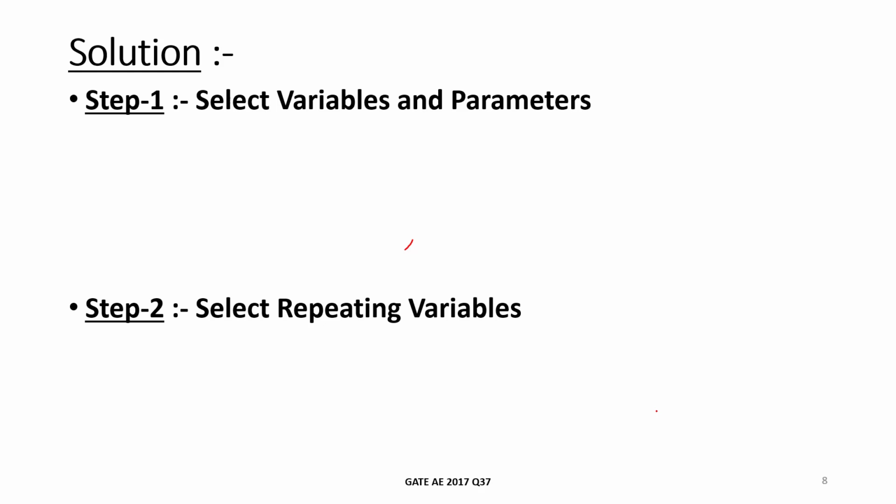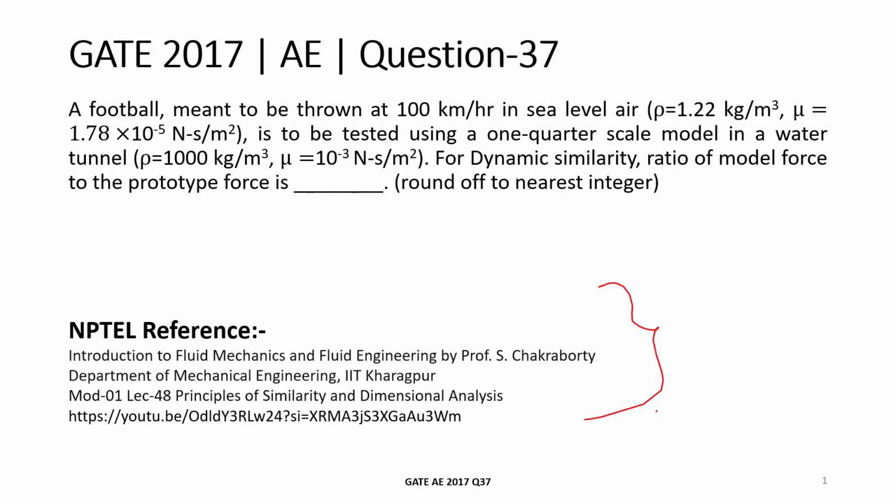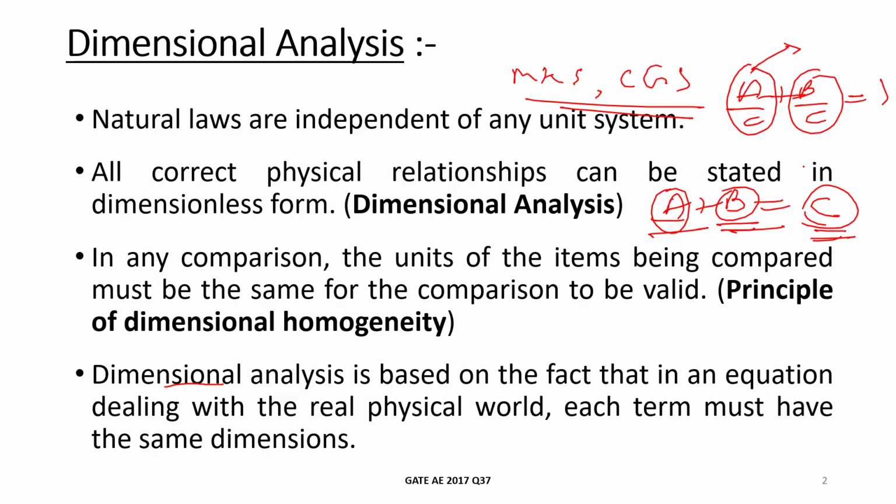So now we will start solving the problem. First we will select all the variables and parameters which are present in the problem. As seen, we are given velocity, density, viscosity, dimension, and force.